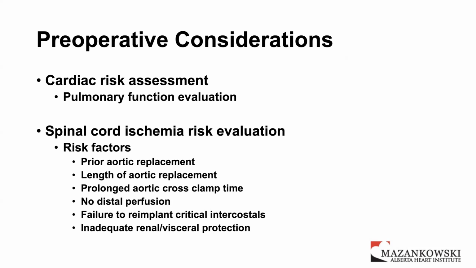So preoperatively, you have to think about the cardiac risk assessment, pulmonary function evaluation, and then also with thoracoabdominal aortic interventions, what is the specific risk to the spinal cord these patients are going to be undergoing?